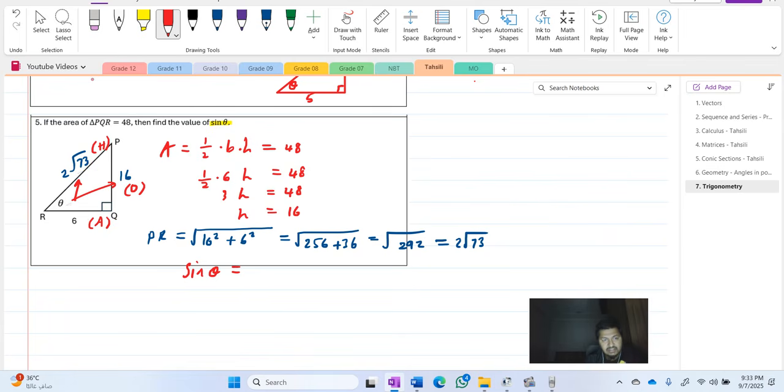So opposite is 16 over 2 root 73. 16 divided by 2 is 8, so 8 over square root of 73. Now you can't have square roots in the denominator, so we rationalize, multiply by square root of 73 over square root of 73. Root 73 times root 73 is 73, and 8 times square root of 73 is 8 square root 73. So that's the answer.